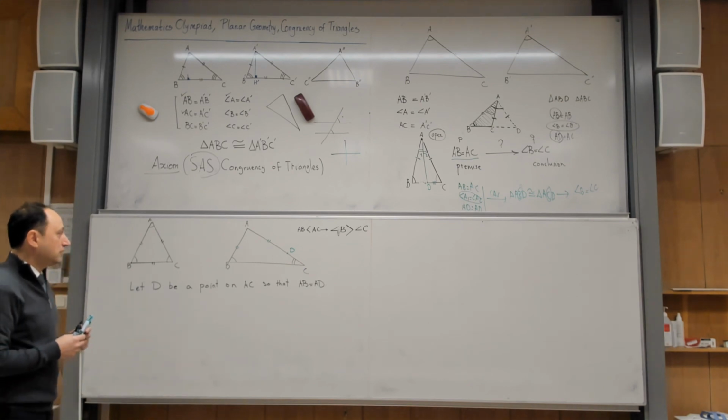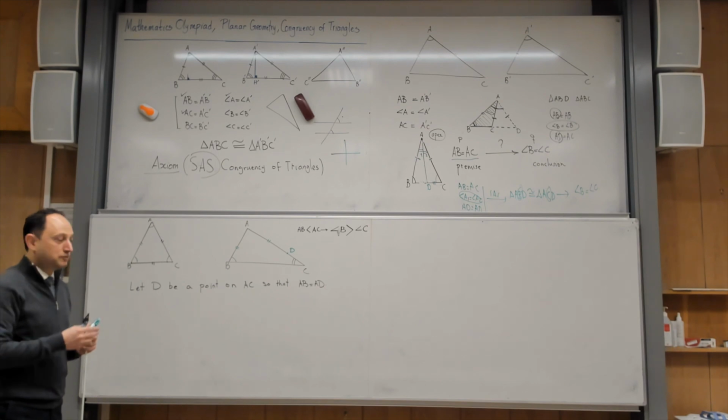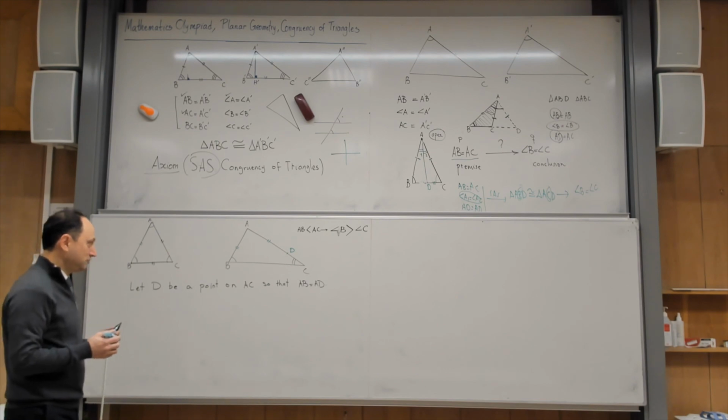Okay, what will be my next part? What would be my next step? What do you think? Yes? Well, I guess drawing a line from B to D. B to D, yes.